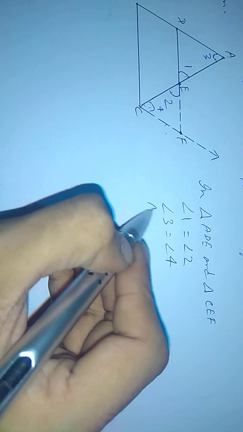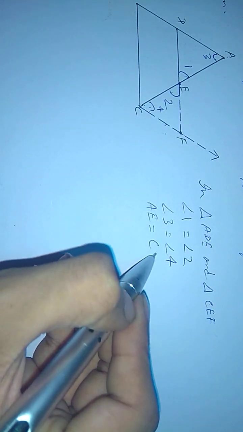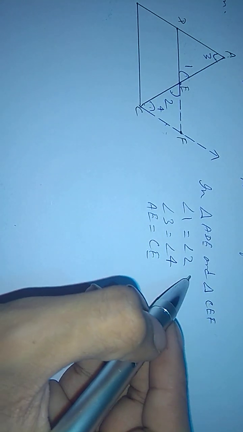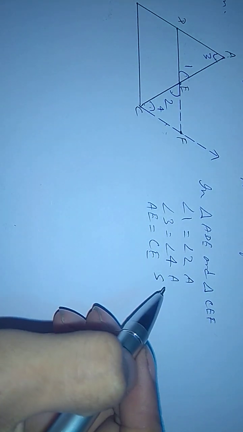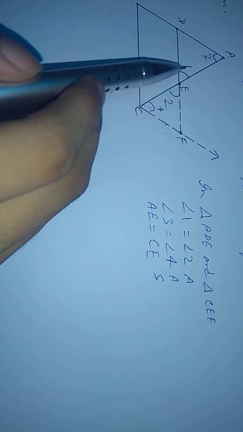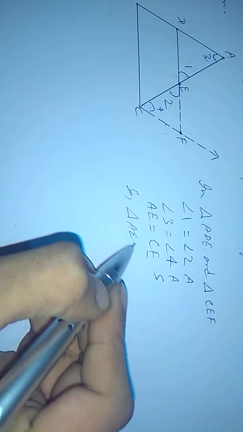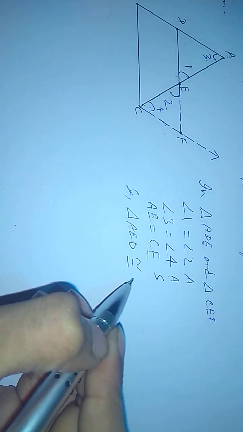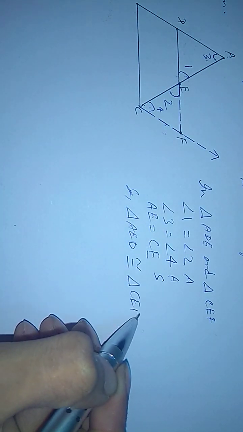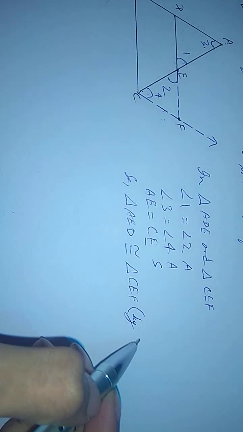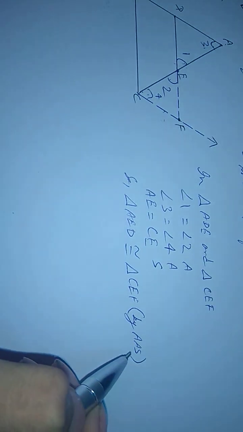So AE is equal to CE. So by the above points, which is angle, angle, side, triangle AED is congruent to triangle CEF by AAS criteria.